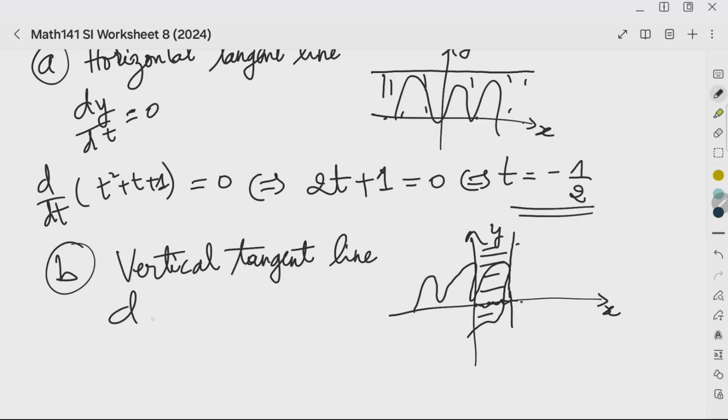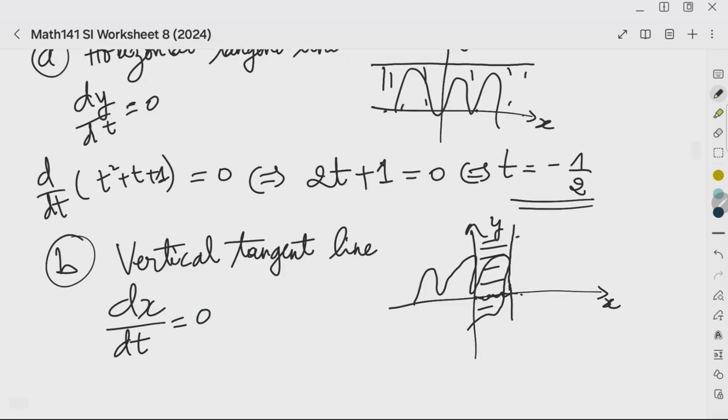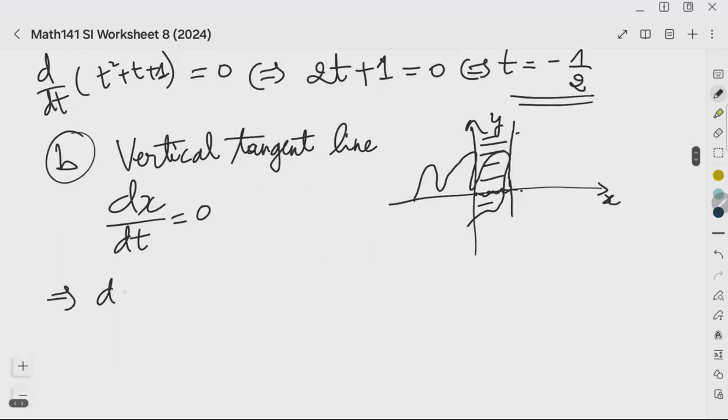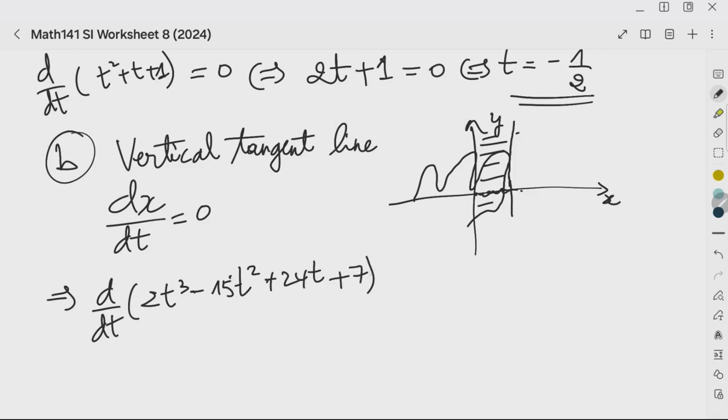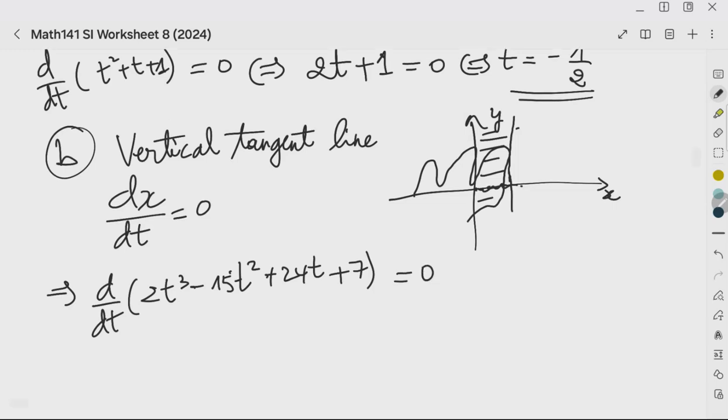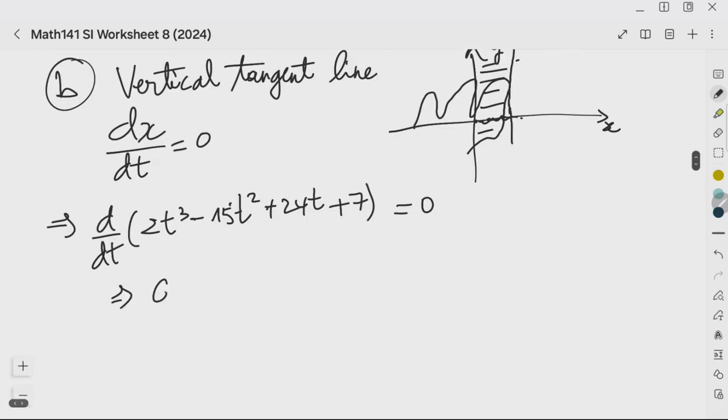In other words, for a vertical tangent line, dx/dt has to be equal to 0. So the derivative with respect to t of 2t cubed minus 15t squared plus 24t plus 7 has to be equal to 0, which means 6t squared minus 30t plus 24 has to be equal to 0.